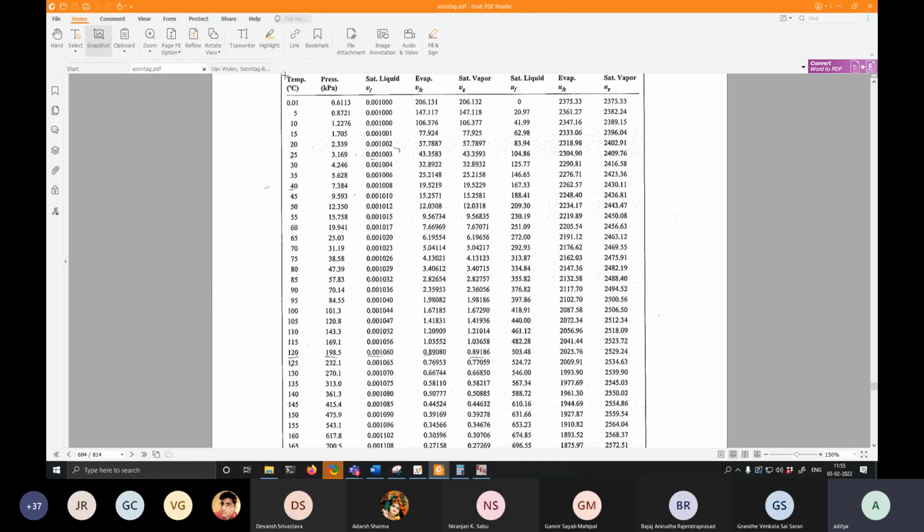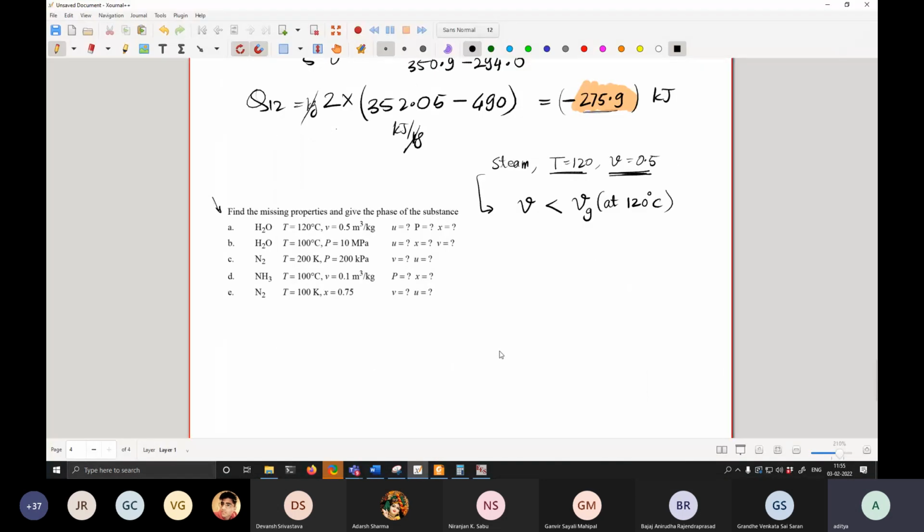What is the specific volume of vapor at 120 degrees Celsius? 0.8986. Okay, so I'll copy this. This is temperature, pressure, Vf, Vfg, Vg.